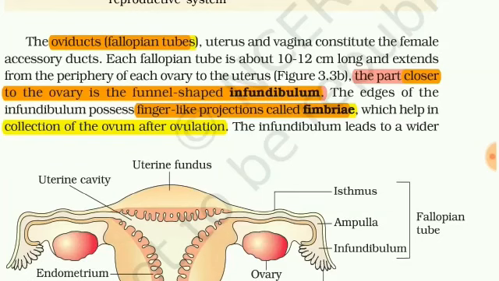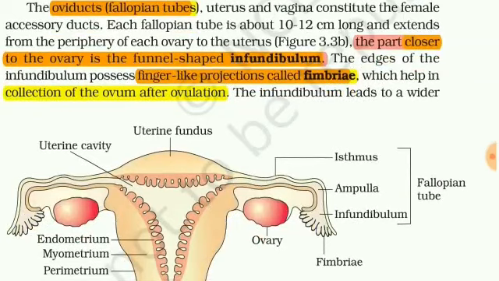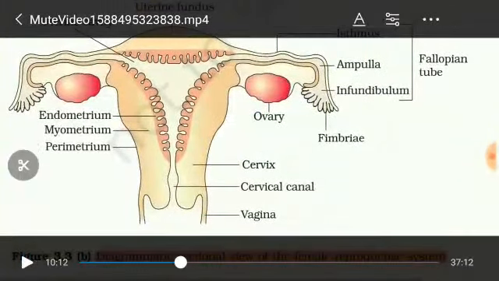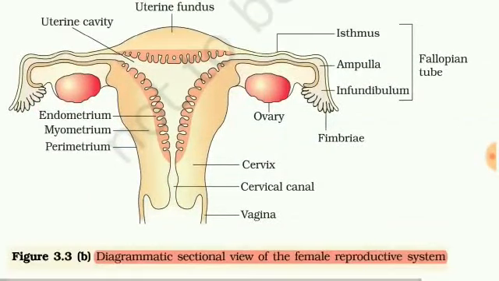It consists of, listen to the diagram: the ovary on the right side, the infundibulum, then the fimbriae. Now it is clearly seen, and first, from the lower part, is the vagina.